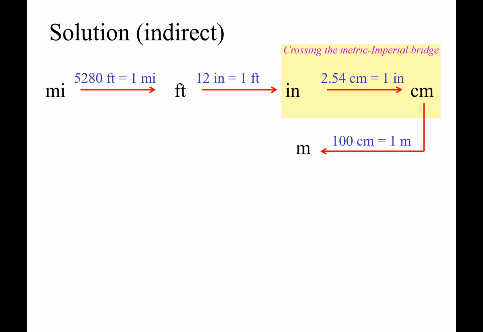And then what is the relationship between meters and kilometers? 1,000, yep. Make sure, and you're in good company if you mix up which is which. 100 centimeters is equal to 1 meter, and 1,000 meters is equal to 1 kilometer.